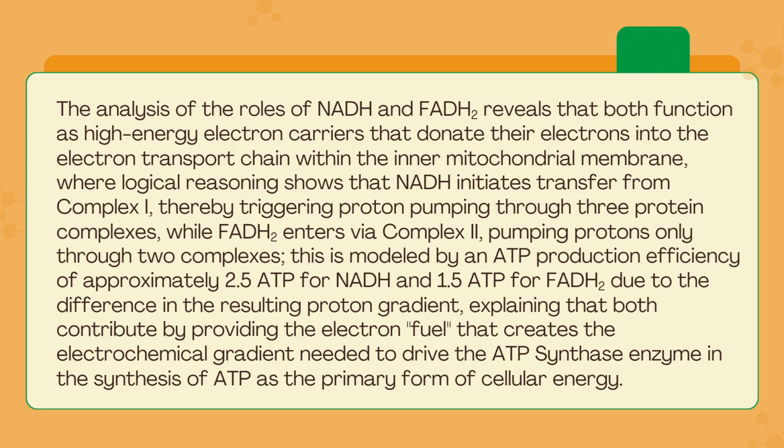This model gives an ATP production efficiency of approximately 2.5 ATP for NADH and 1.5, sorry, ATP for FADH2, due to the difference in the resulting proton gradient, explaining that both contribute by providing the electron fuel that creates the electrochemical gradient needed to drive the ATP synthase enzyme in the synthesis of ATP as the primary form of cellular energy.